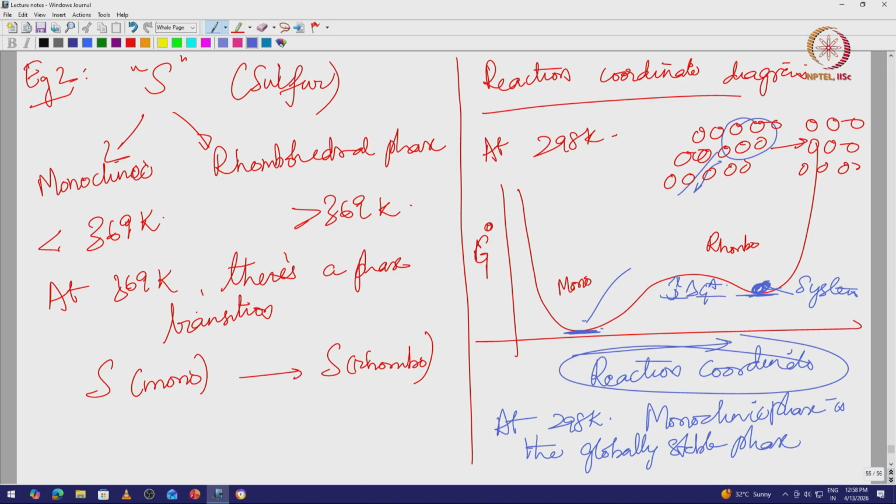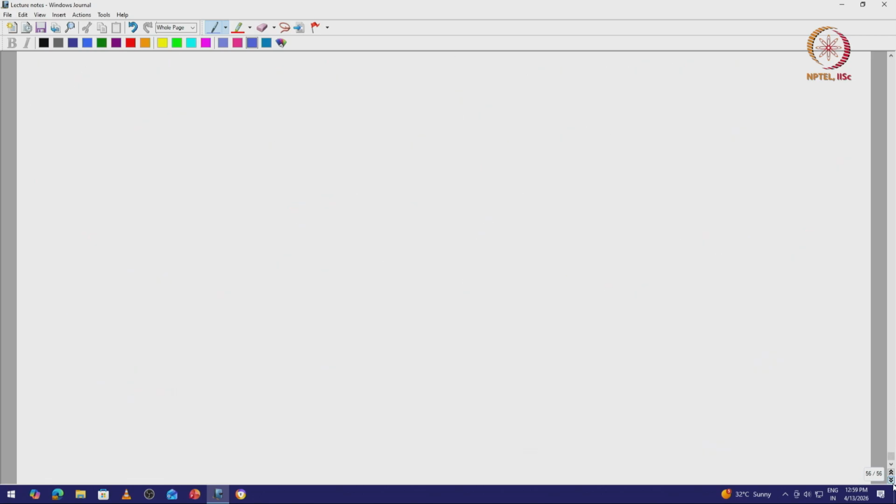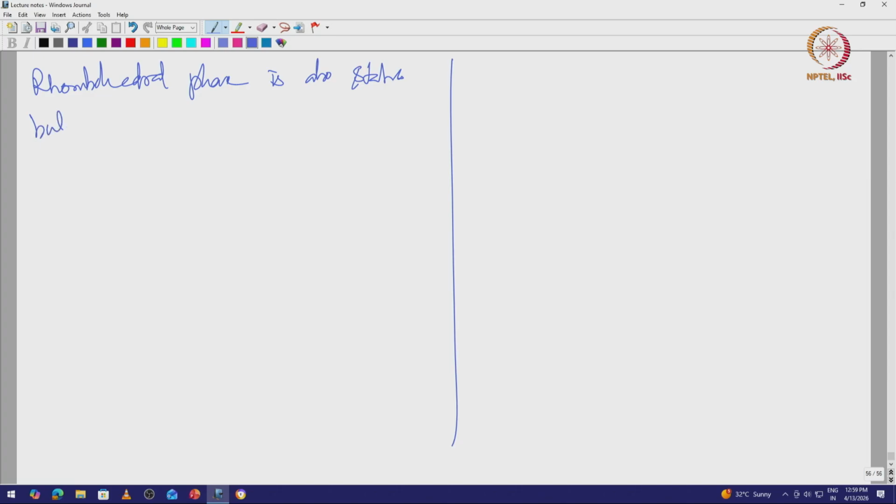But that does not mean the rhombohedral phase is not a stable phase. The rhombohedral phase also has dG equal to 0 here, as a function of the reaction coordinate, of course. So, the rhombohedral phase is also stable, but G naught of rhombohedral is less than G naught of monoclinic.